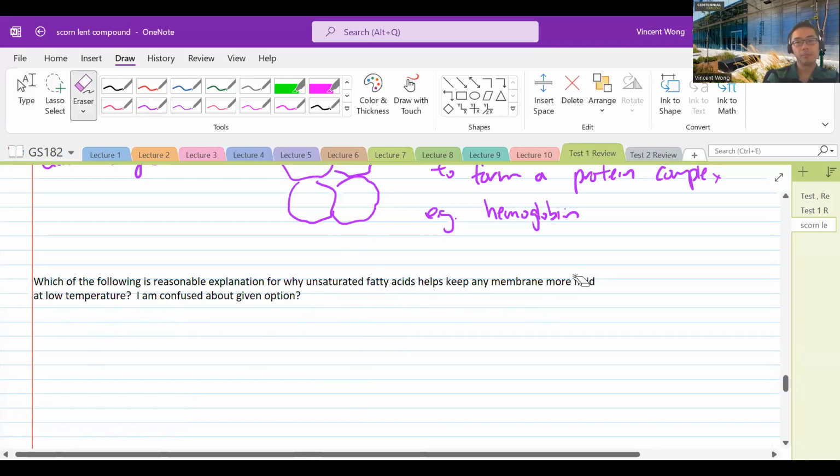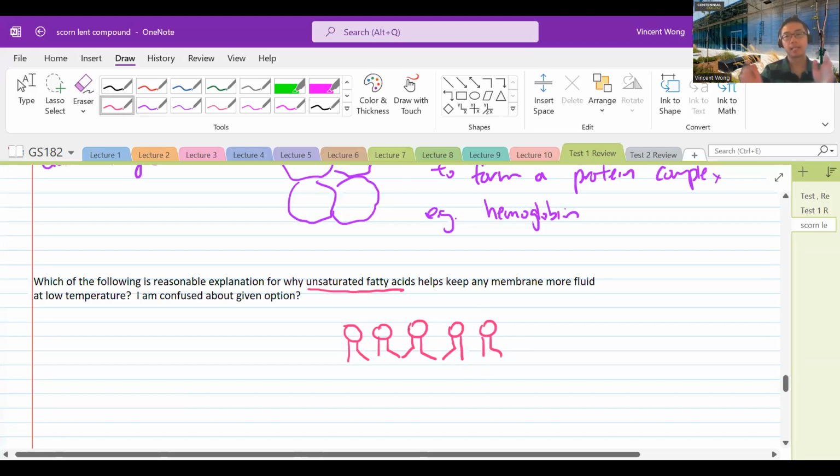Unsaturated fatty acids have kinks in the structure because of the double bond. So if you have several unsaturated fats next to each other, they are not going to pack close together easily.